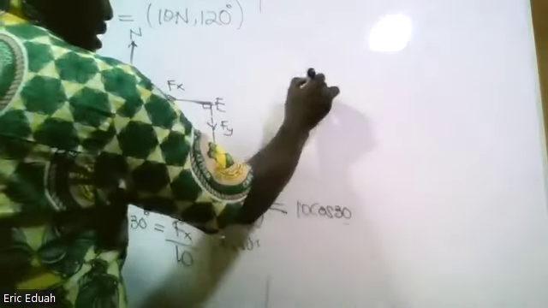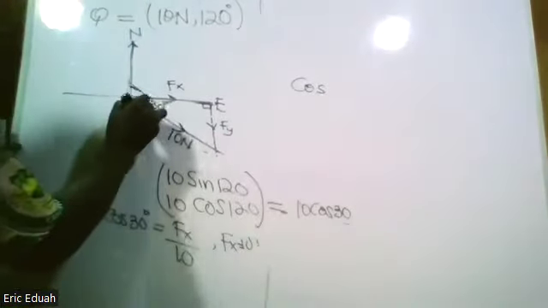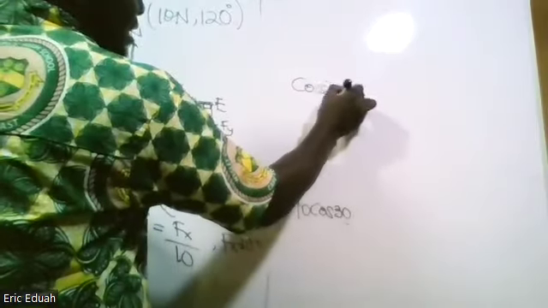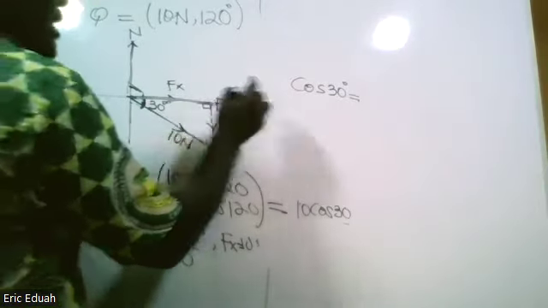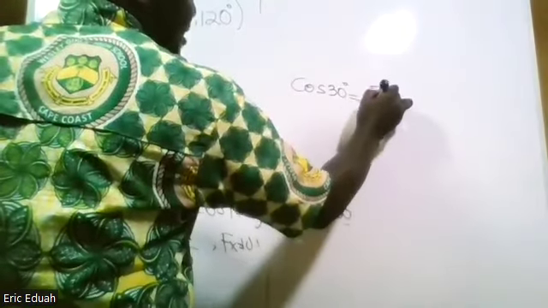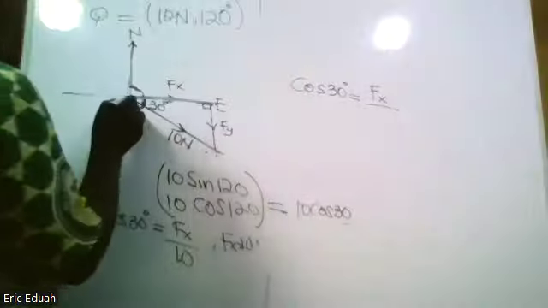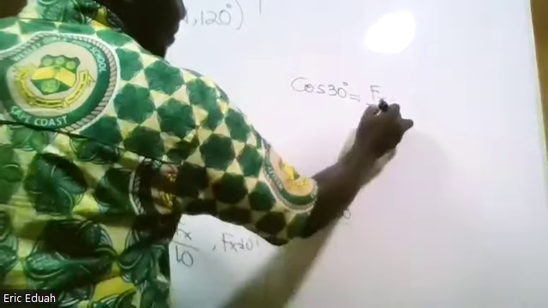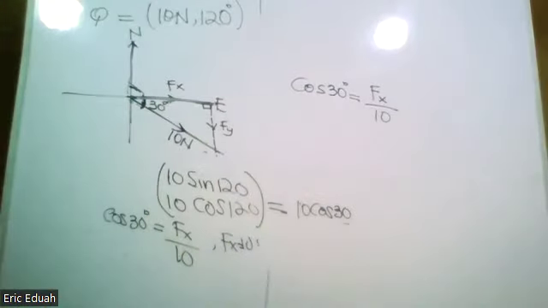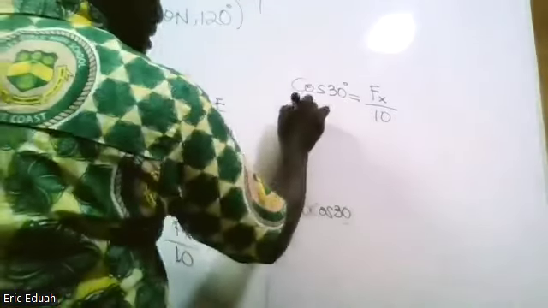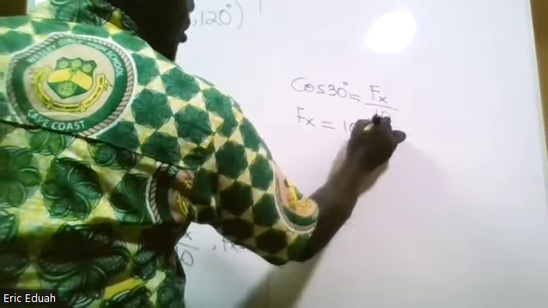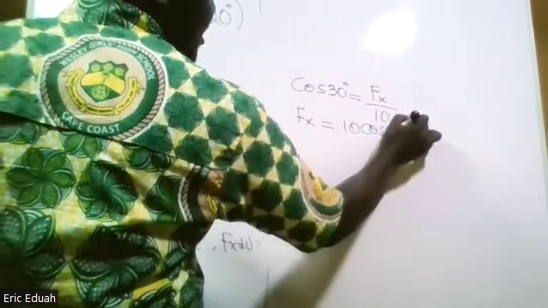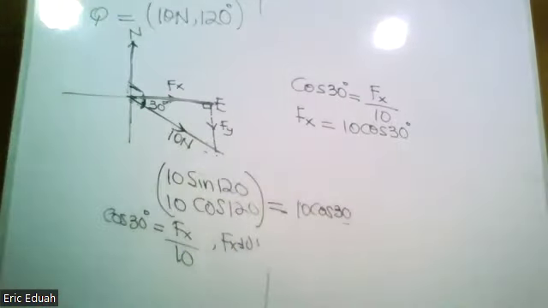So cos of this angle, 30 degrees, is equal to the adjacent, which is this side, fx, over the hypotenuse, which is 10. If you make fx the subject, we have 10 times cos of 30 degrees, and that is the x component.